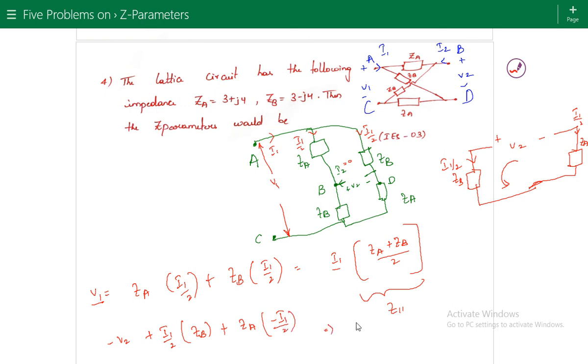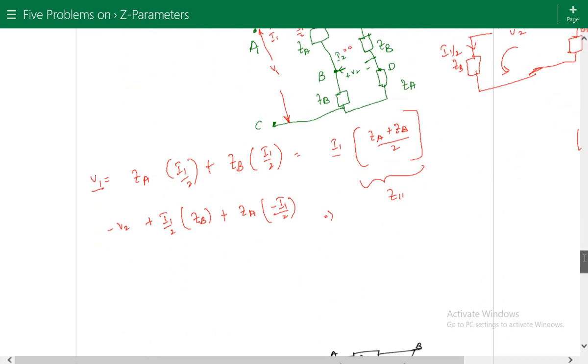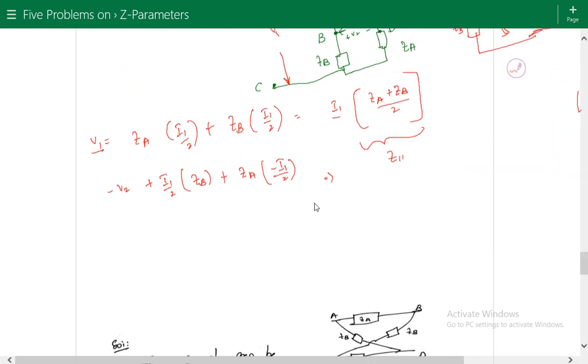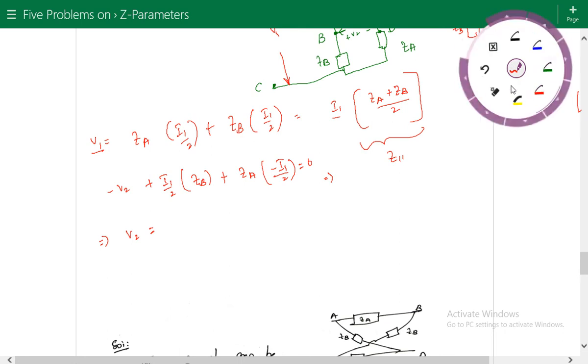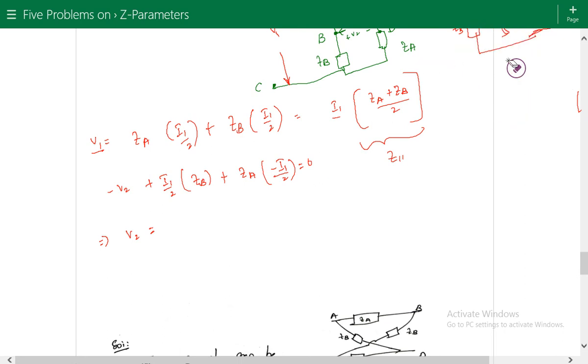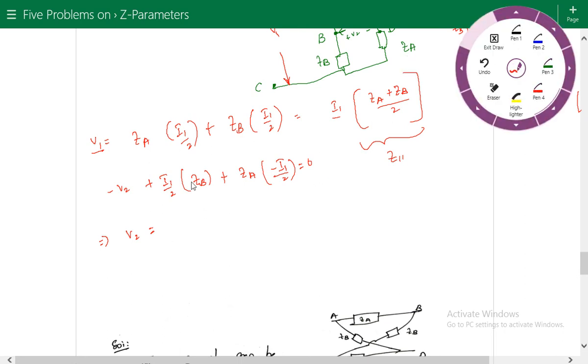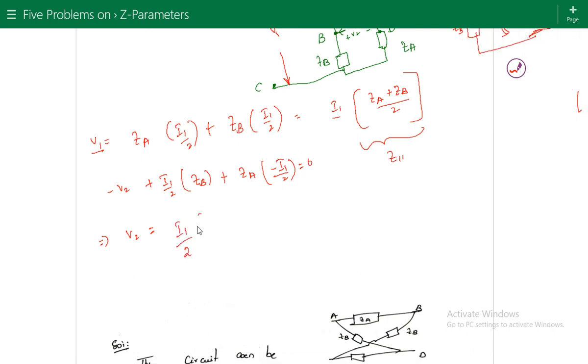So what will we get? V2 equal to, I'm bringing V2 to the other side, so we get I1 by 2 into (ZB minus ZA).